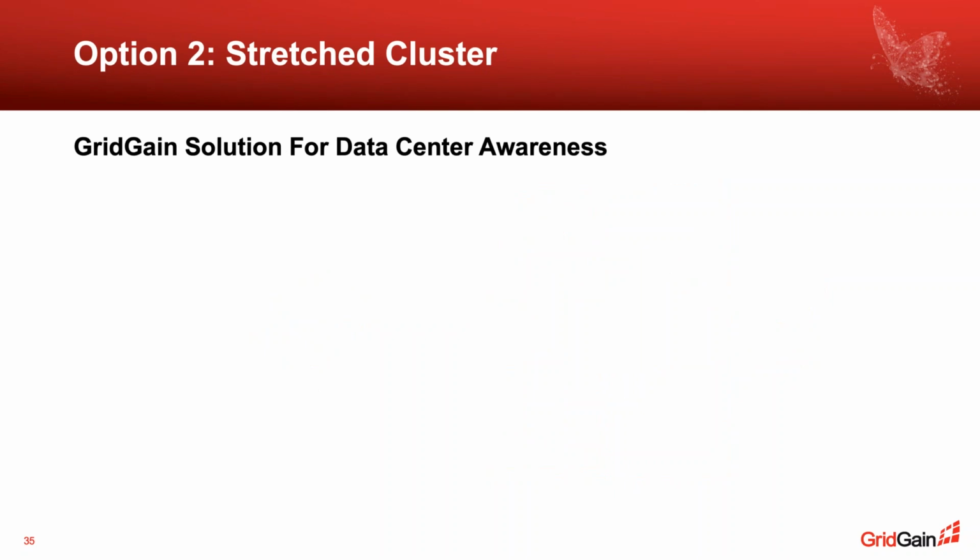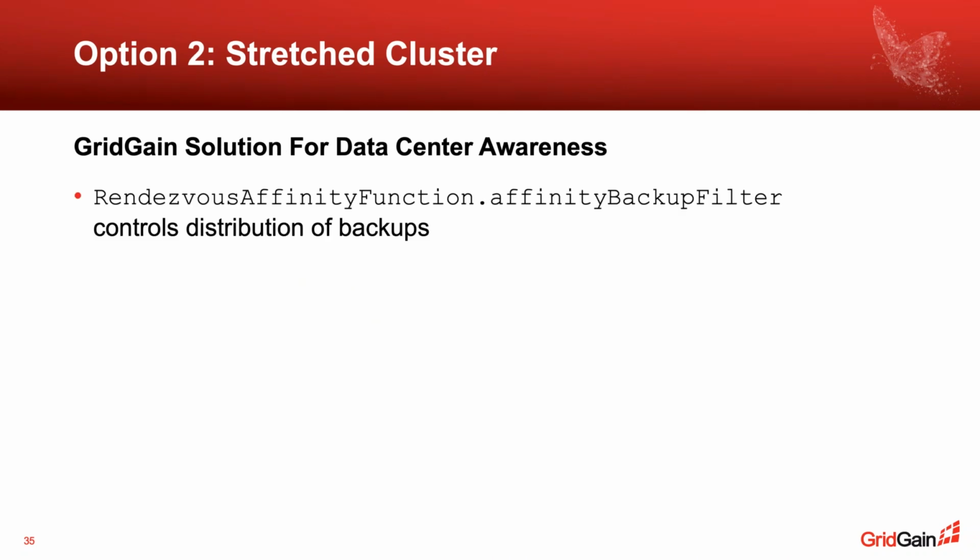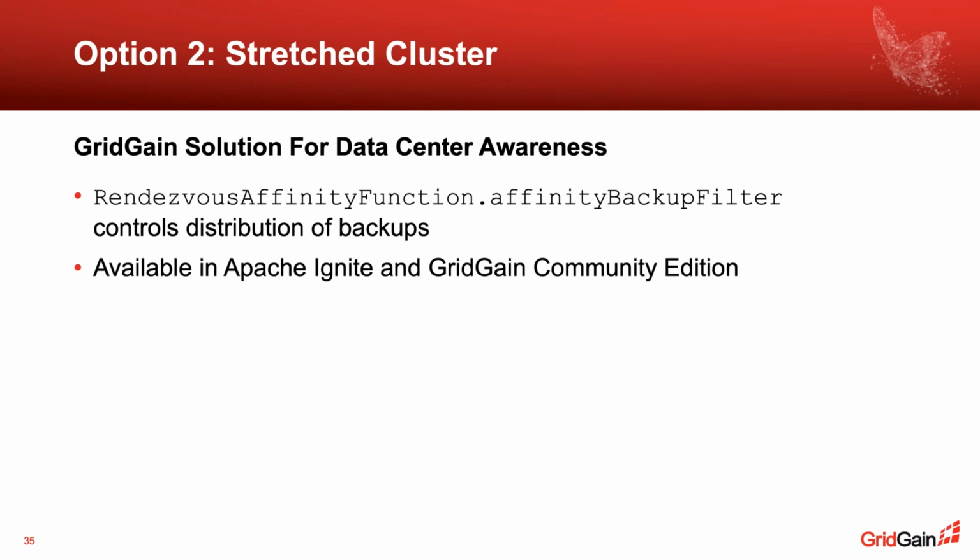In Apache Ignite and GridGain, we actually have a pretty easy way of enabling that by a property called affinity backup filter, and this is something that is pretty easy to show.